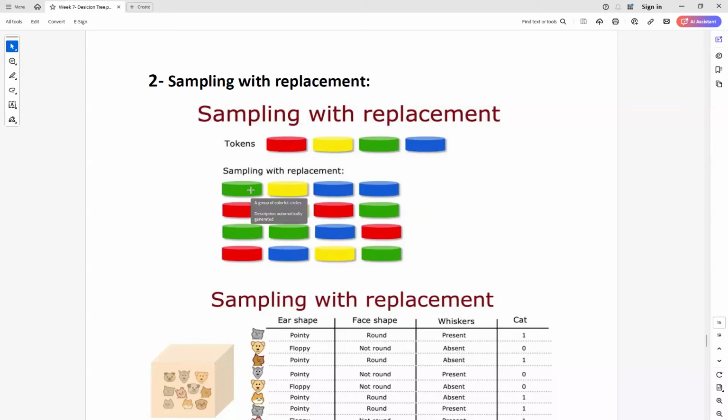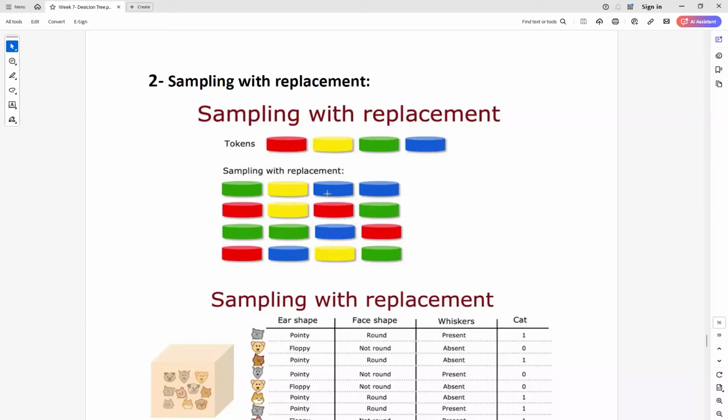So you need to put this green token that you just took out back into the bag, and then choose another one. For example, the second one is yellow. And then you put this yellow token back into the bag, and then pick another token. Let's say the third pick is blue. And then you put this blue token back inside the bag and pick another one. The fourth one is blue.